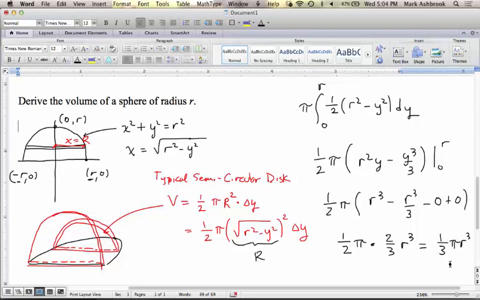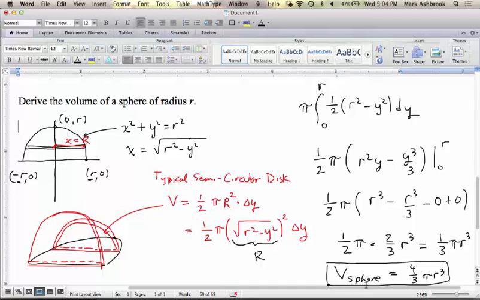Because what's the volume of a sphere? The volume of a sphere is 4/3 pi r cubed. And we got 1/4 of it. That's what we were expecting. So times 4.